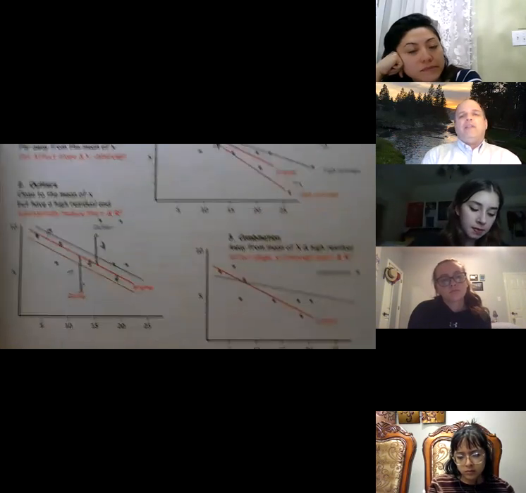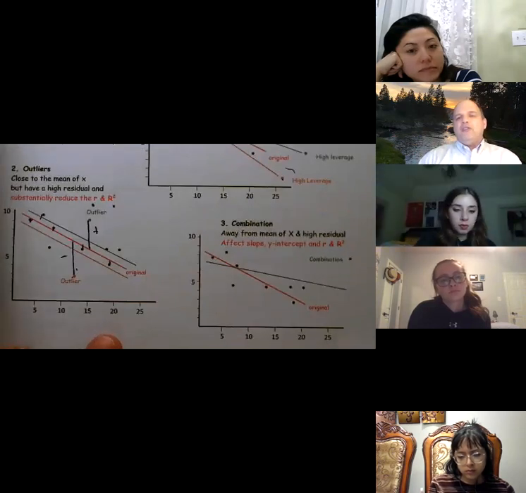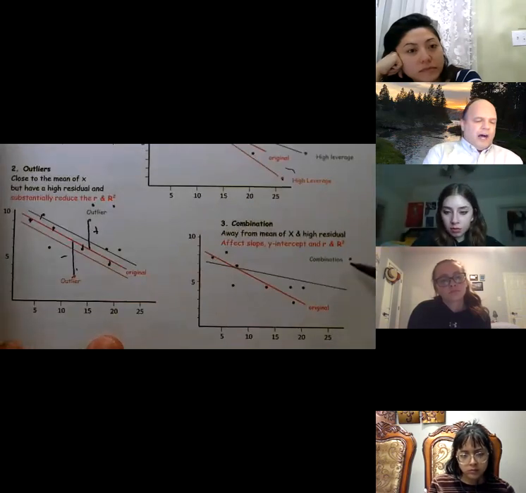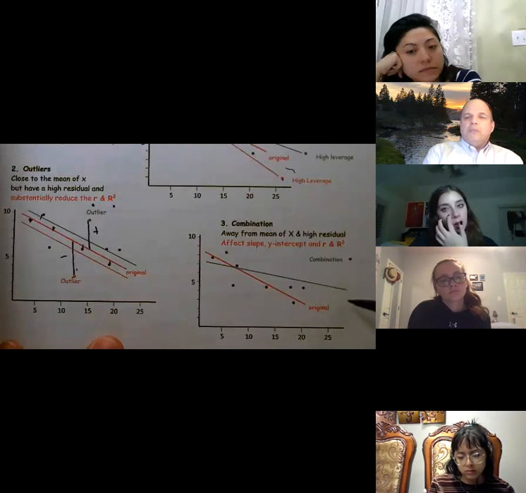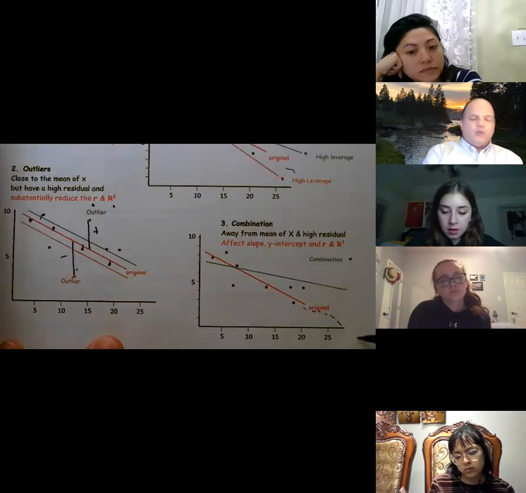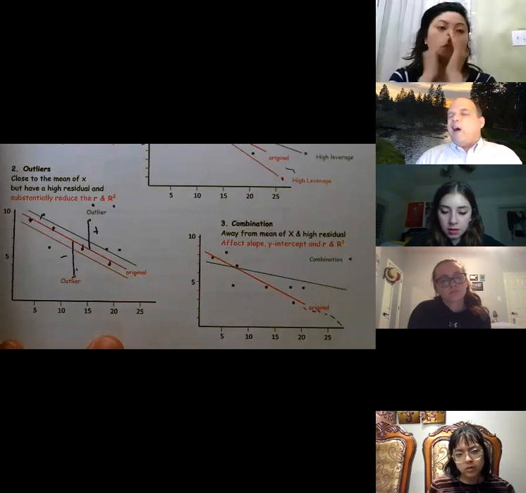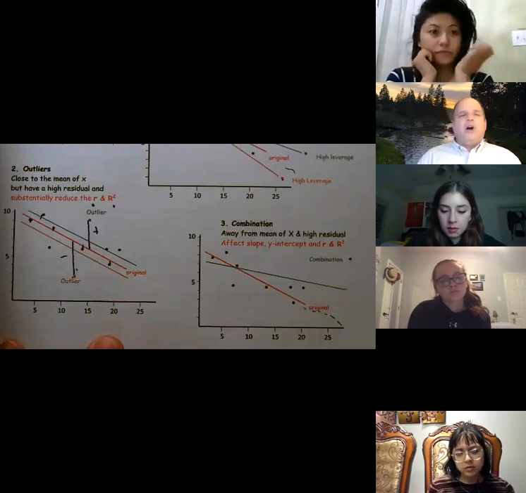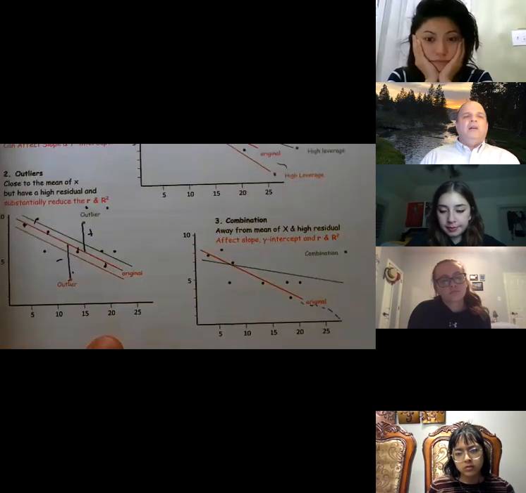And then finally, you have the combination. And the combination means not only do we have a high residual point, so we extended this line, this is a very high residual point. So not only do we have a big outlier, but we also have a high leverage point.